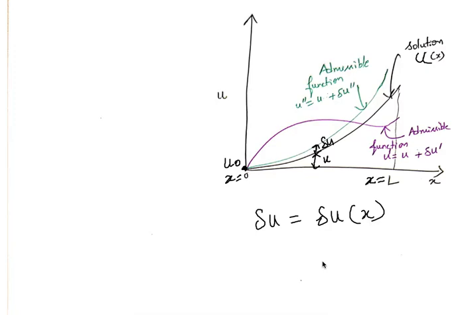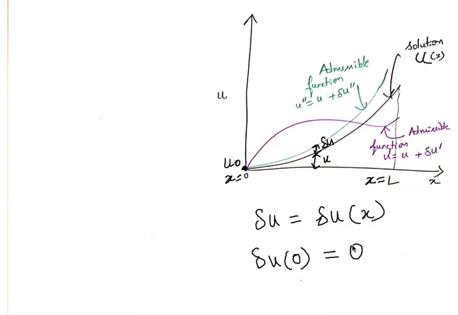Delta u at 0: the variation in u, denoted by delta u, at 0 will be basically 0. Why? Because any admissible function should also satisfy what are known as essential boundary conditions.